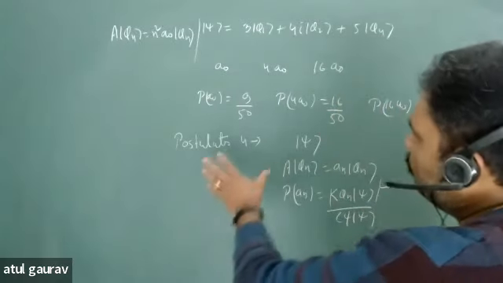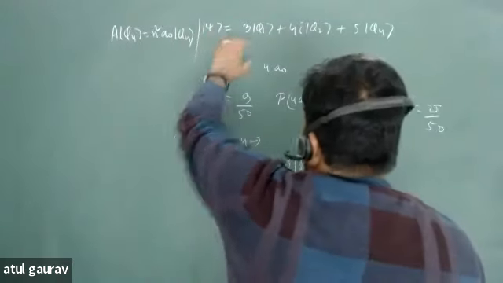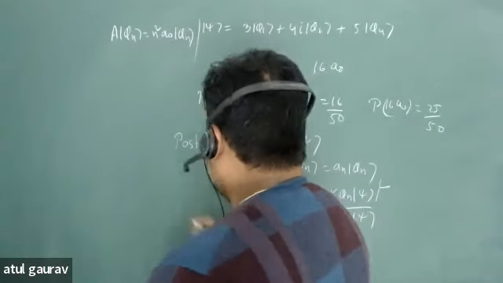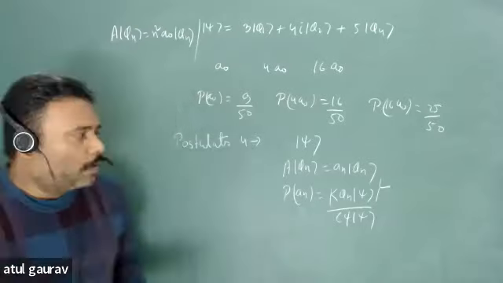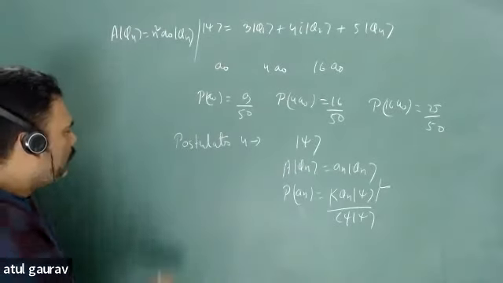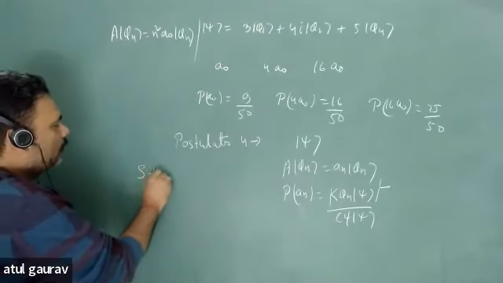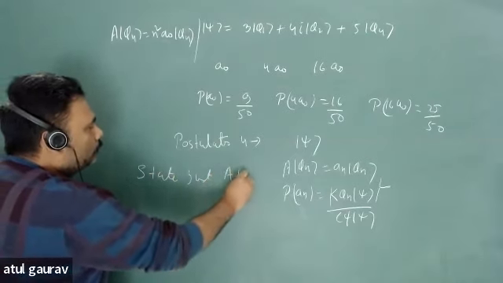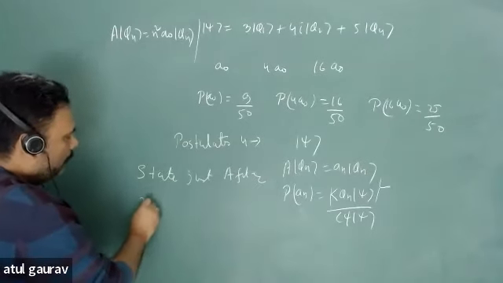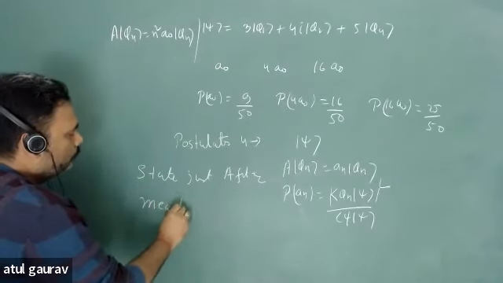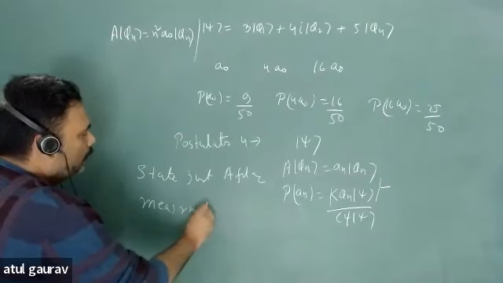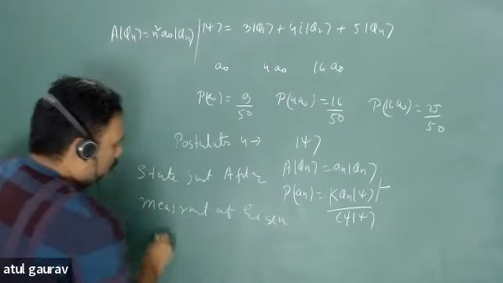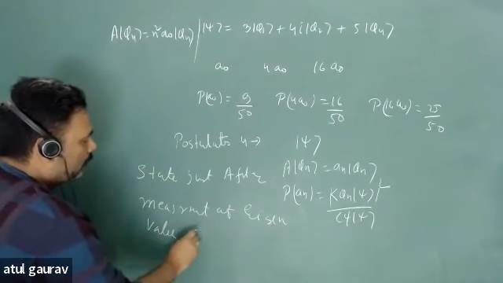Now, if someone measures on state psi, what is postulate 4? Postulate 4 tells you the state just after measurement of eigenvalue an.